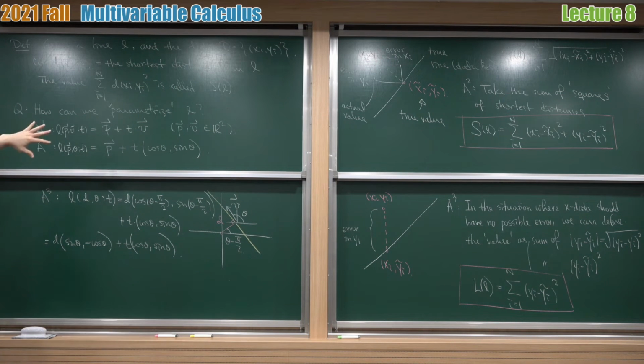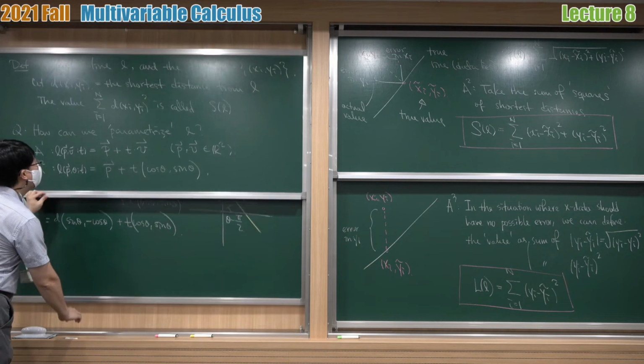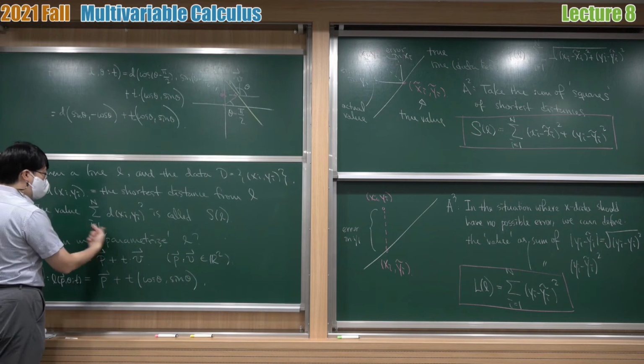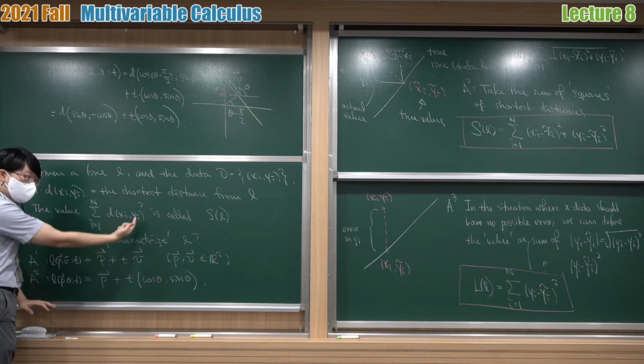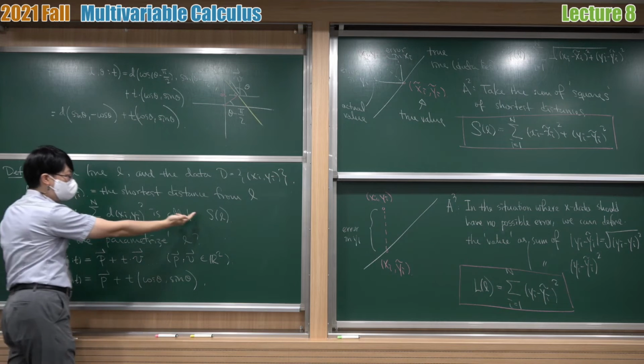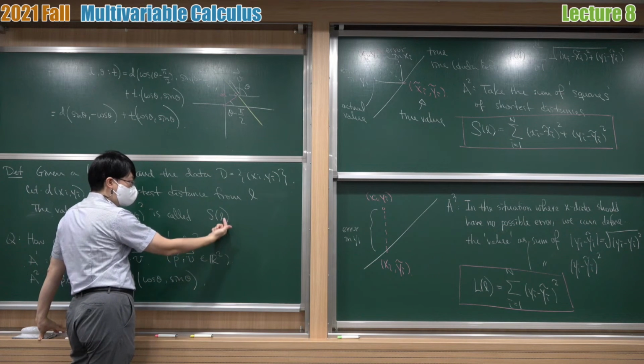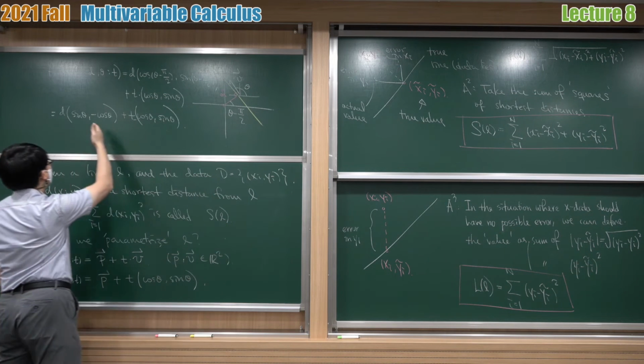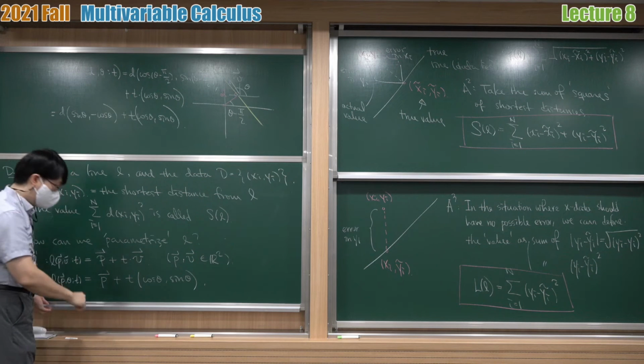What we have to do is define this value depending on the parameters that define L, because S depends on the line, and the line is parameterized by two values, d and theta.